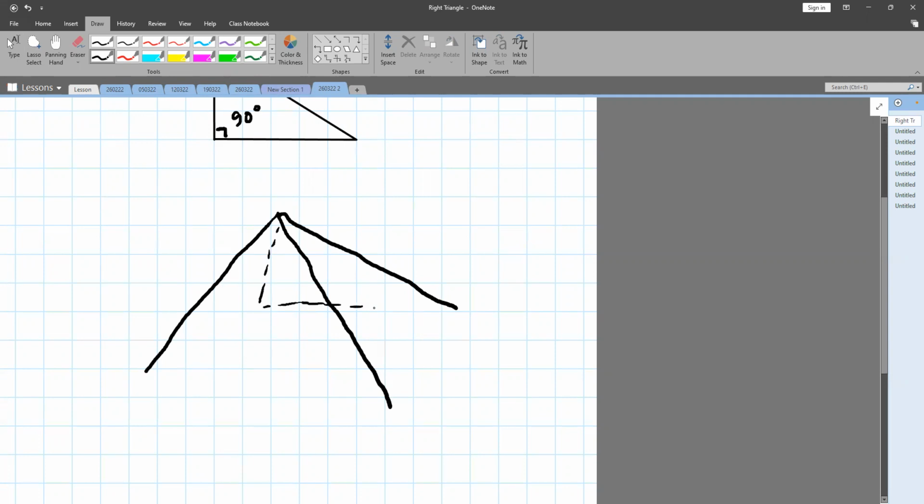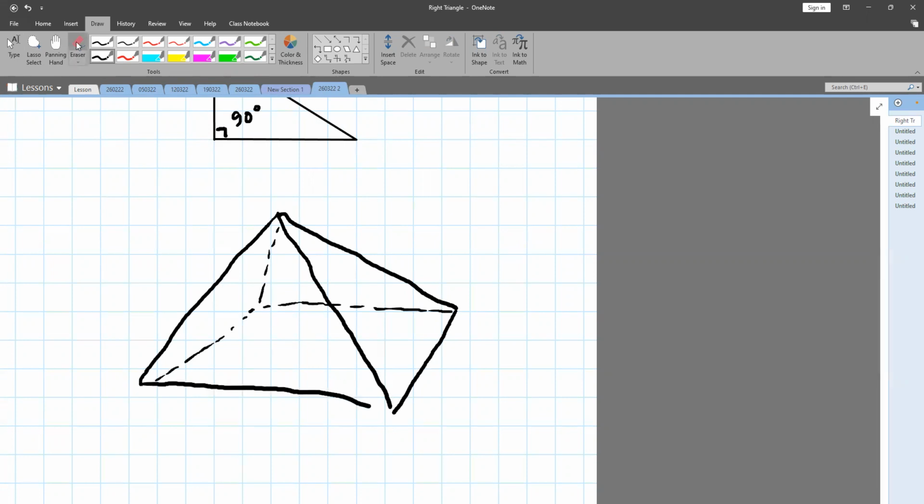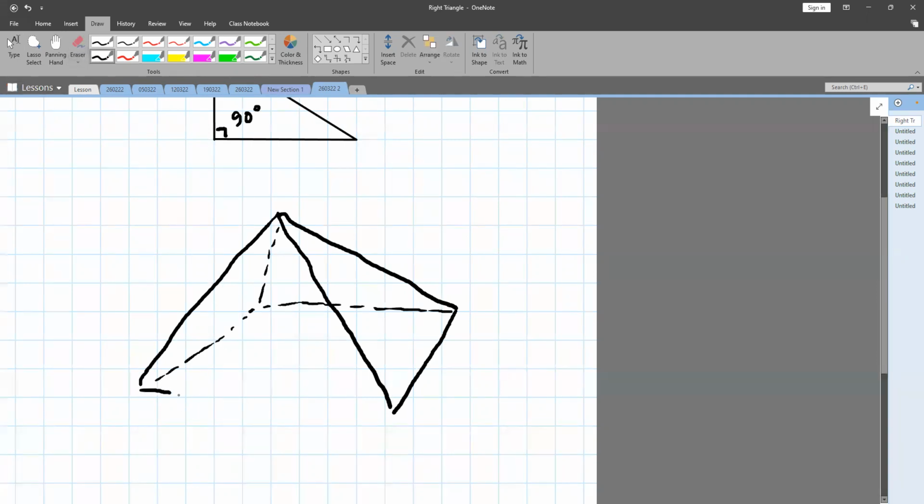Now, if you think about a pyramid, you know it's made out of four equilateral triangles and one square. So if you look at the base of a square-based pyramid, it is a square.